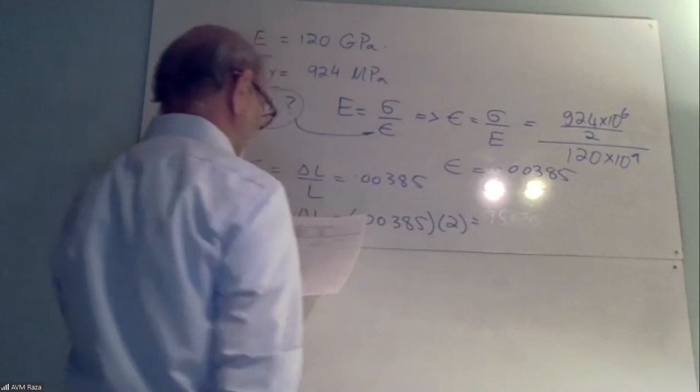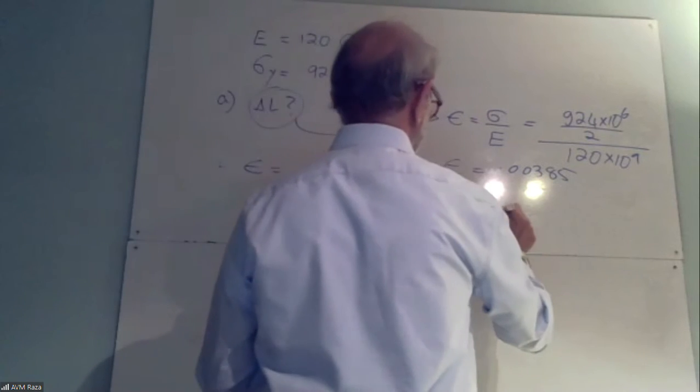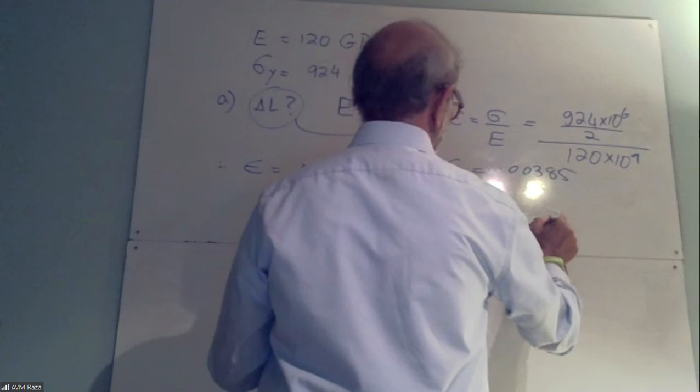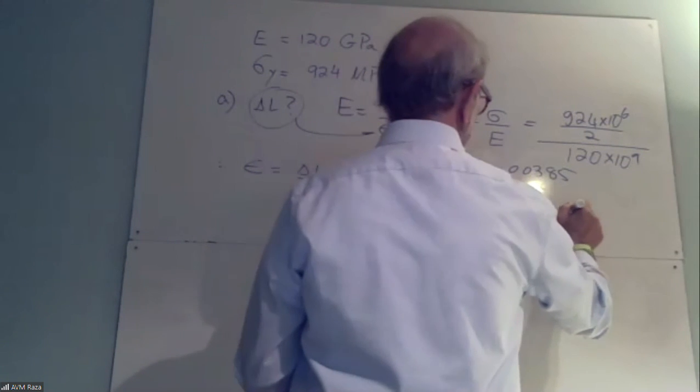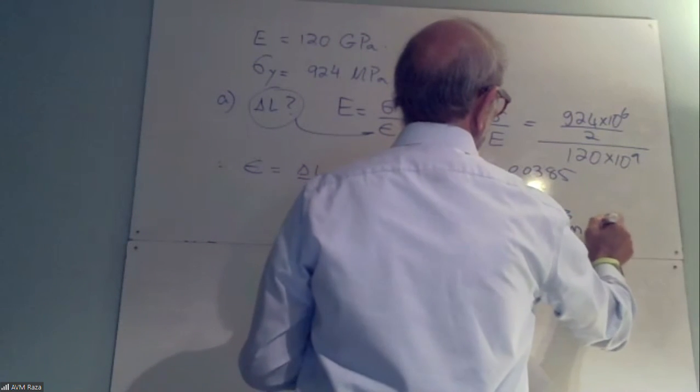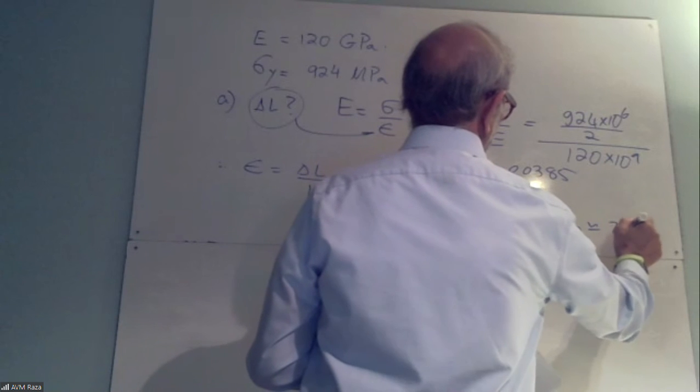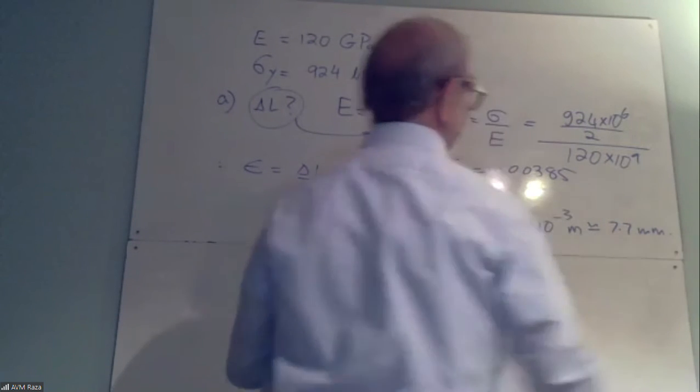And so this came out to 7.7 times 10 to the minus 3 meters, which is approximately equal to 7.7 millimeters.